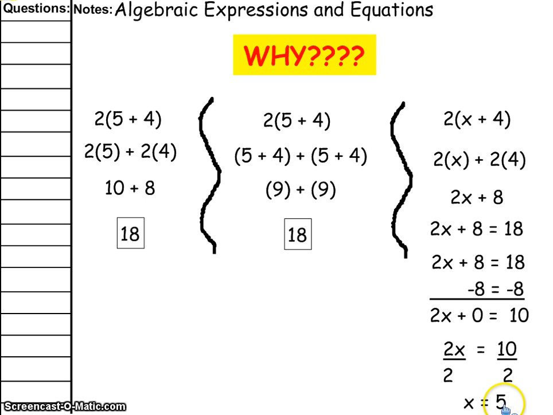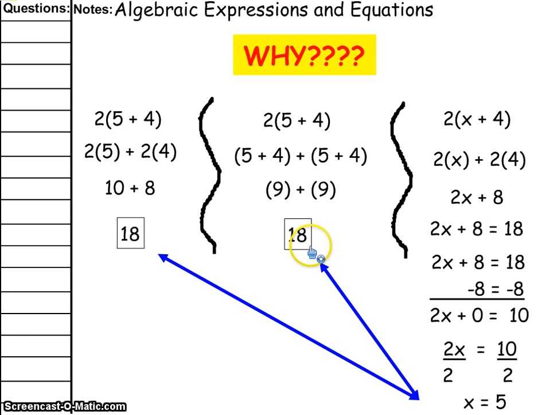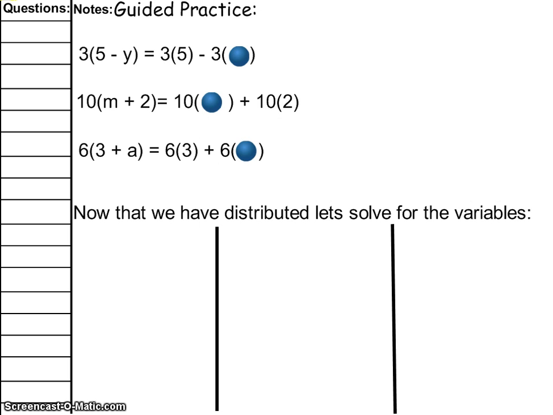And if we put our answer 5 and substitute it back in our original problem for x, we're going to end up with the same answer of 18. So that is correct. So this is the main reason why the distributive property is so important.